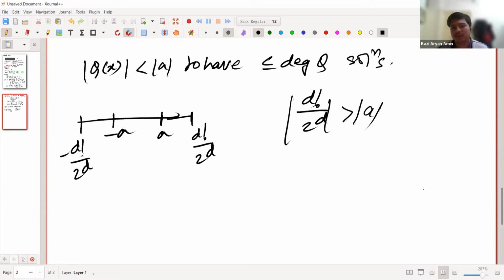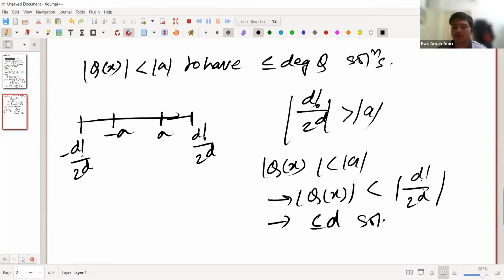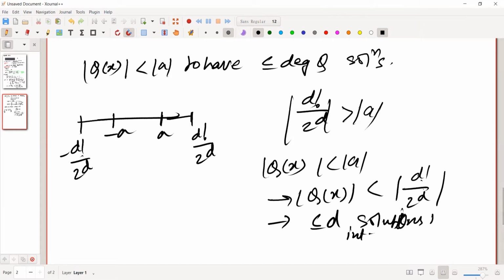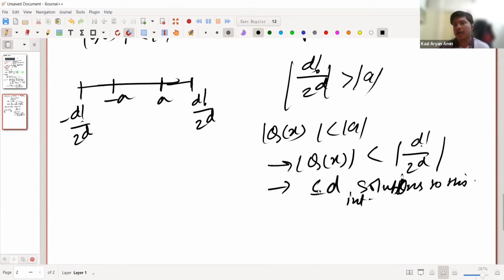So what this tells you is that whenever you have mod q of x less than mod a, you also have mod q of x less than d factorial by 2 to the power d. Does this make sense? And from the previous lemma, you know that there are at most d integer solutions to this. Oh, okay. Yeah, so that is the idea. I messed up the conditions.